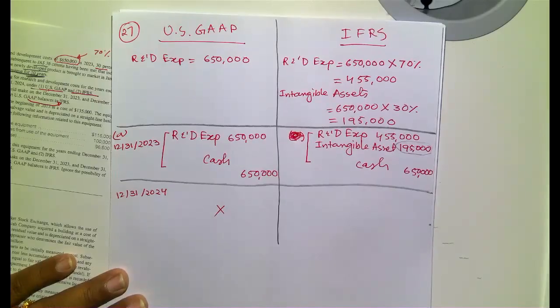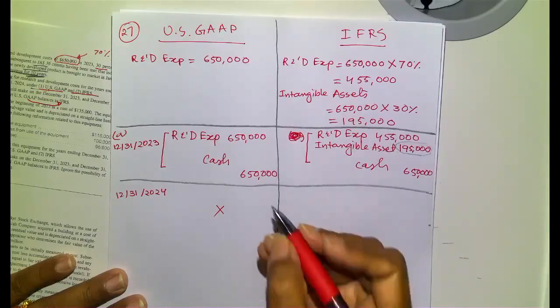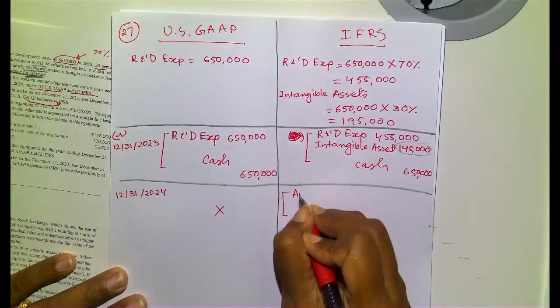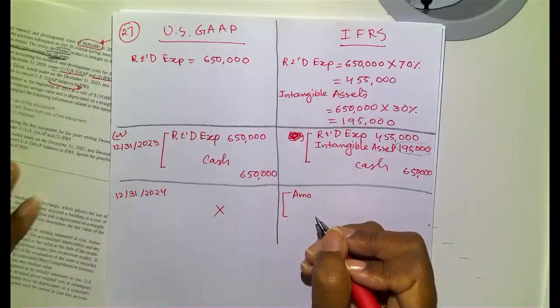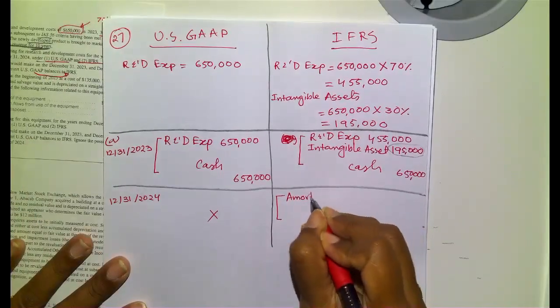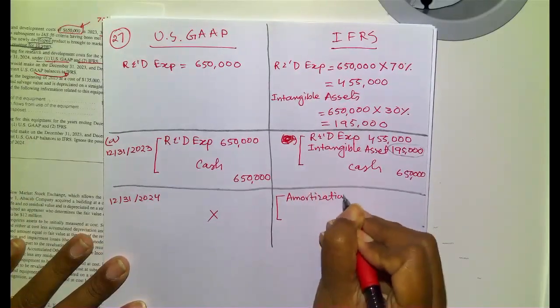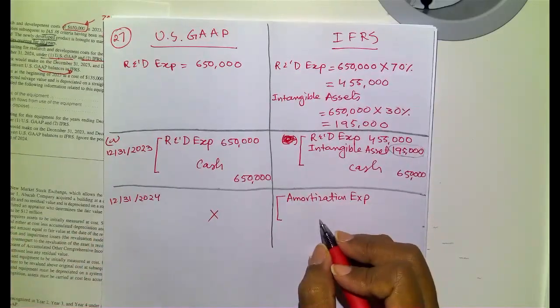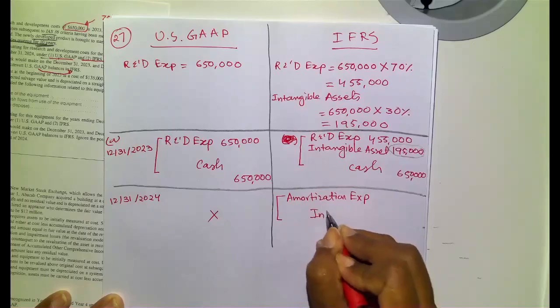We usually do not go through accumulated depreciation or accumulated amortization. So the IFRS will record amortization expense, debit, and they will directly credit the intangible assets.